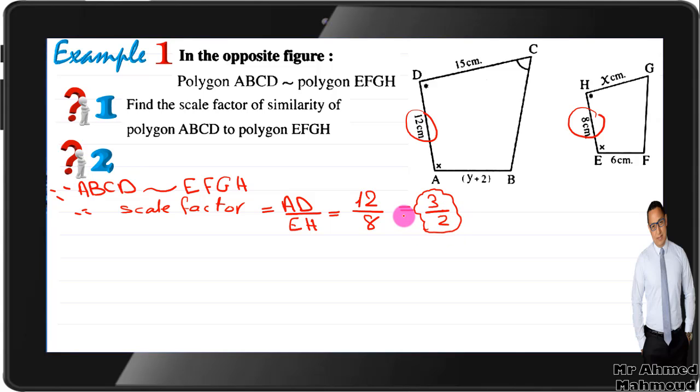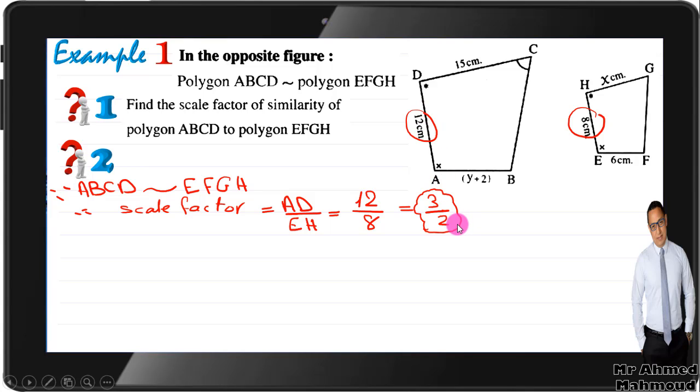Okay, now I need to say that you can find the scale factor by dividing ABCD over EFGH, so the ratio here will be 3 over 2. Some of you can start with polygon EFGH divided by ABCD, like 8 over 12, and the ratio in this case will be 2 over 3.